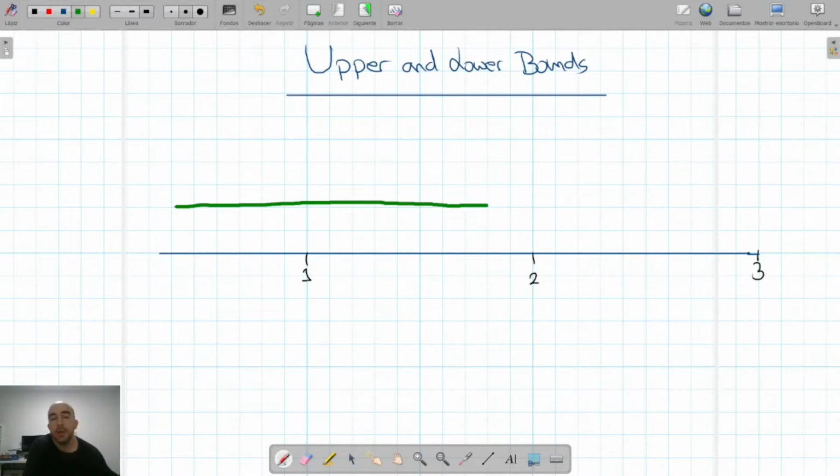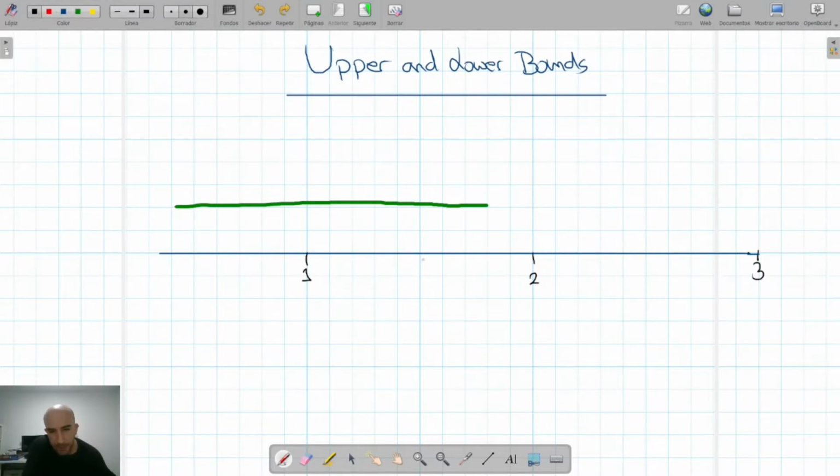So what would we say that this object measures? Well, we would say that it measures more or less 2 centimeters. Why? Because the smallest thing we can measure in a ruler is 1, and we don't really know if this is 1.8, 1.9, so we approximate it to 2, okay? And why don't we approximate it to 1?